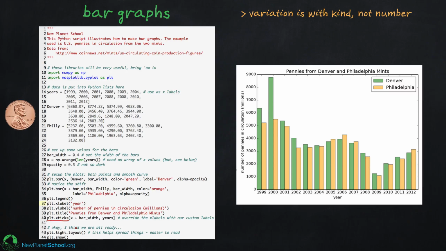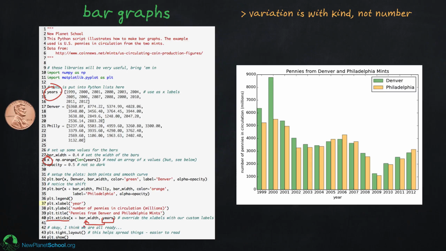And what xticks does is it puts this label at these points. And that is where this and this finally come together. Make these labels at these points. But I never use these as the points.